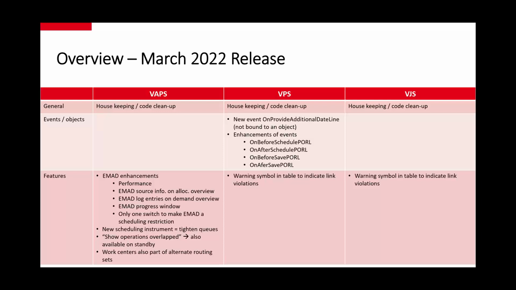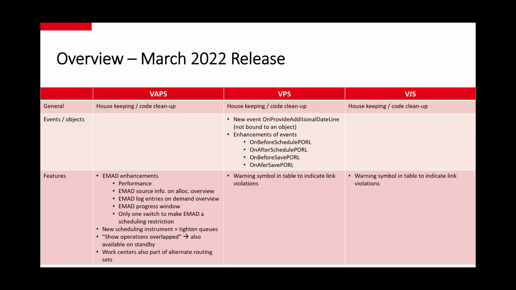We also show additional information about the EMAT source on the allocation overview page, so that you get at one glance information on where the supply of the component came from, and we give some additional log entries on the demand overview page, so that you can also get more information on why an allocation of a component failed or was removed.